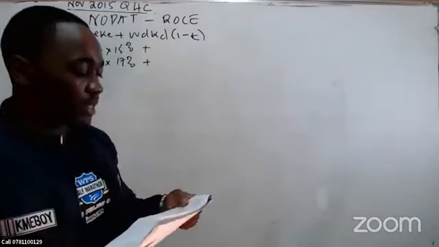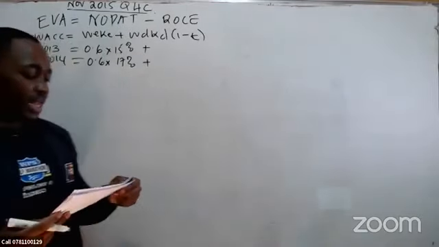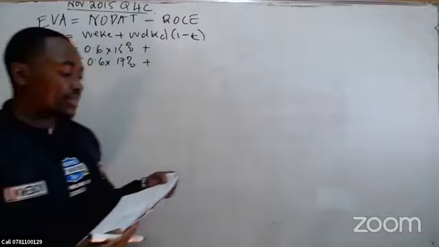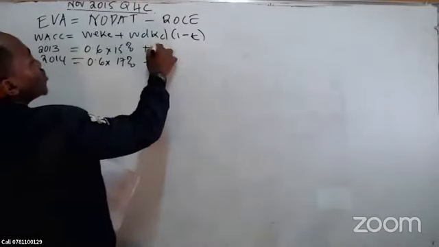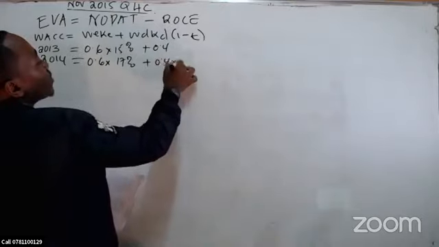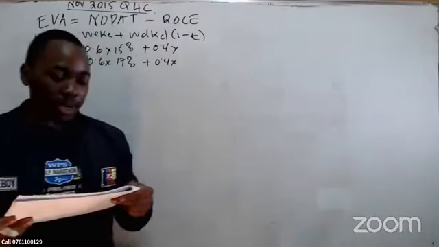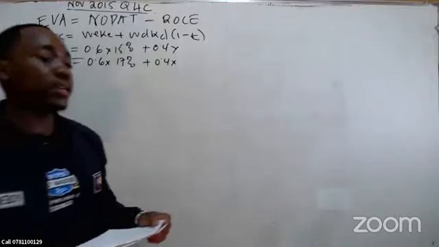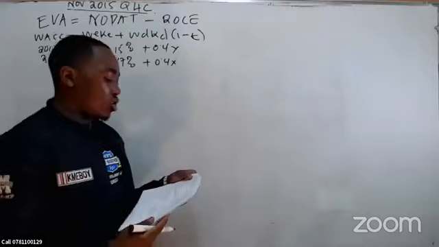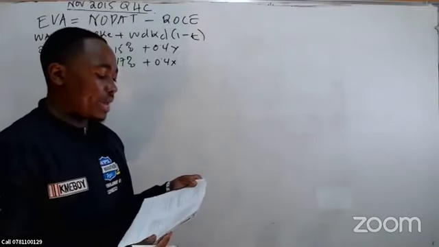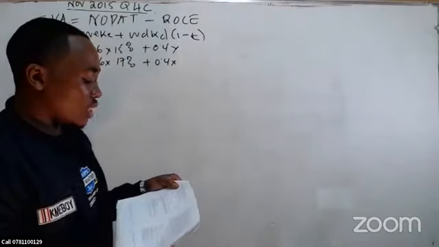Now let's go back to note number 6. We are told that the capital structure of Joshua Limited is 60% equity and 40% debt. Now the weight of the debt is 0.4. You multiply by the cost of the debt. Let's go to note number 3. The pre-tax cost of the debt was estimated to be 9% in year 2013 and 10% in year 2014.